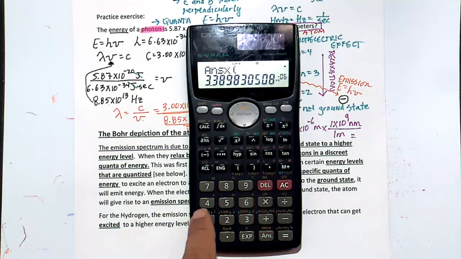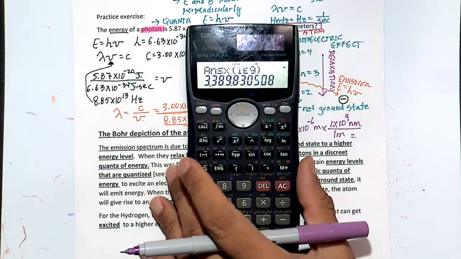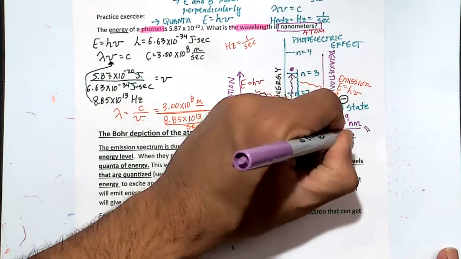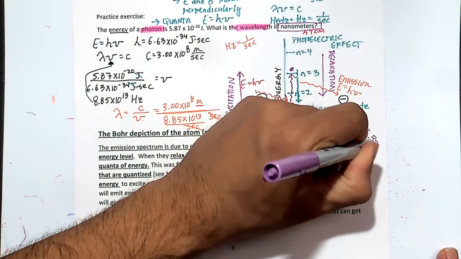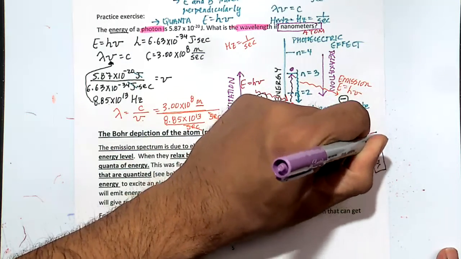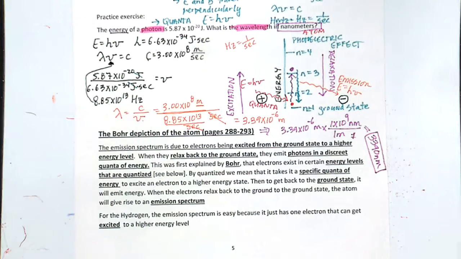Times 1 exponent 9. What is that? 3,390 nanometers. So that will be our answer.